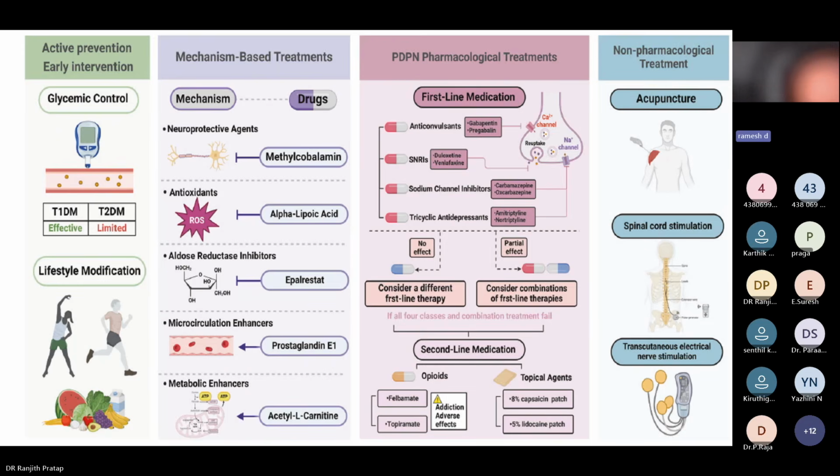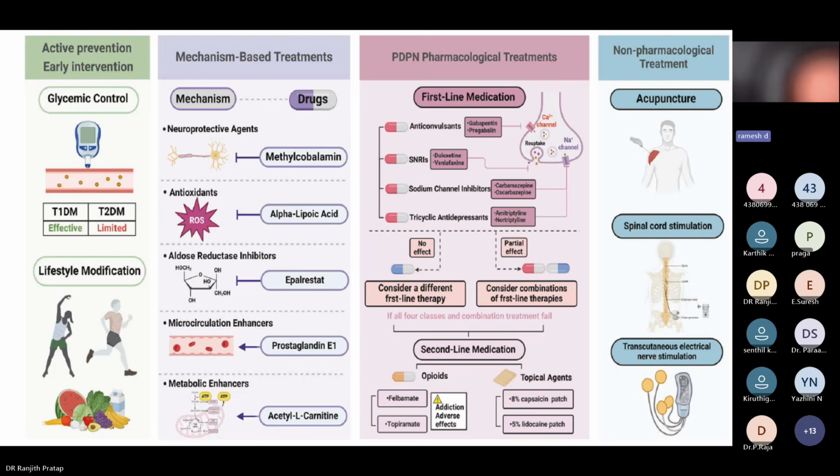Whenever we have adequate glycemic control, we can even prevent diabetic neuropathy in type 1 diabetes. But in type 2 diabetes, we can only delay the progression of diabetic neuropathy. We cannot prevent diabetic neuropathy in type 2 diabetes. And we also have to address the other metabolic parameters like obesity, hypertension, and dyslipidemia.